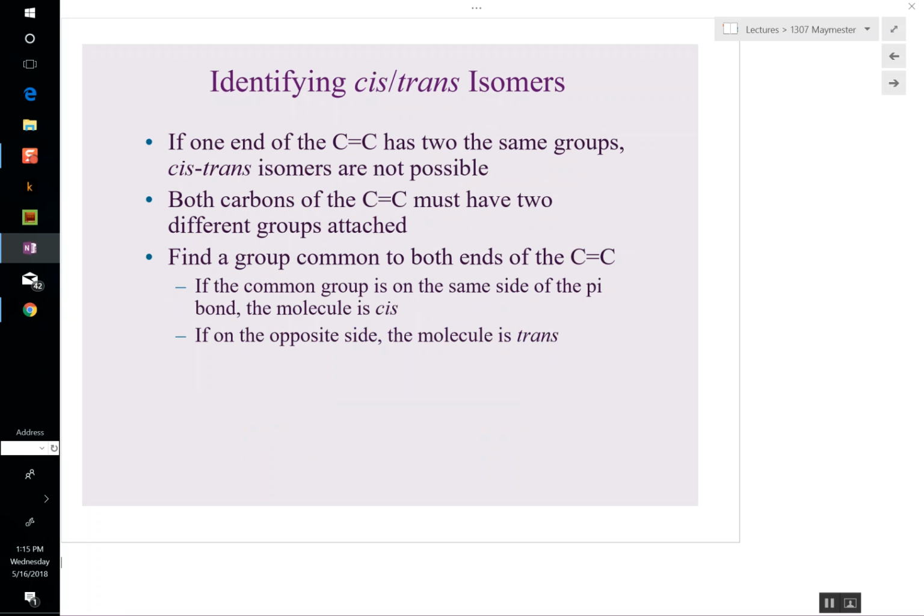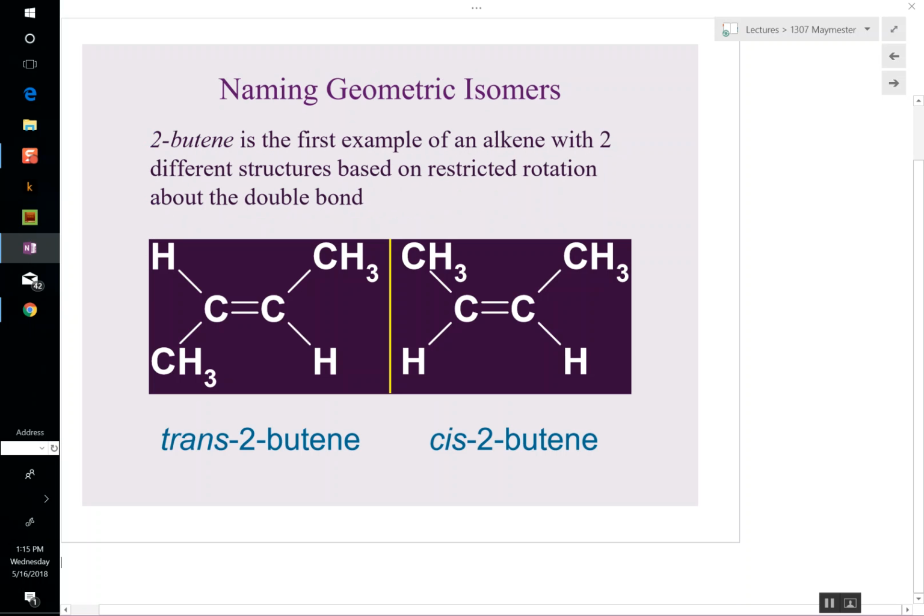If the common group is on the same side of the pi bond, so a carbon-carbon double bond is sometimes referred to as a pi bond, just looking at the molecular orbitals that are involved. If the common group is on the same side of the double bond, it's cis. If the common group is on the opposite side of the double bond, it's trans.